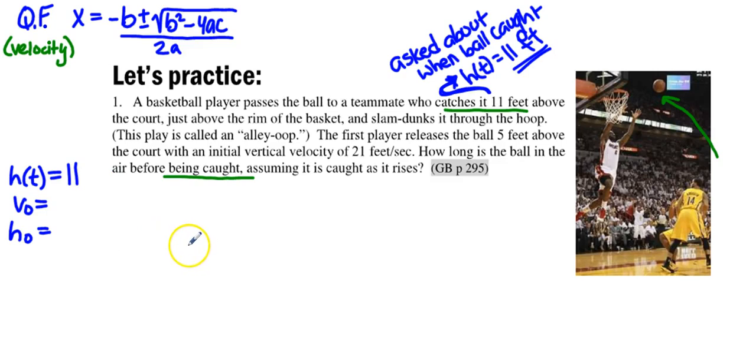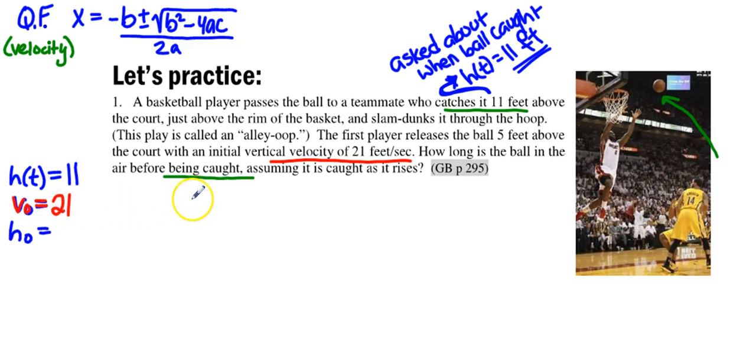Velocity is going to be the easiest value to get right every single time because you're literally going to look for the word velocity. So reread for information, find me that word velocity. And I'm hoping we all see it right here. Velocity, so V naught, is 21.